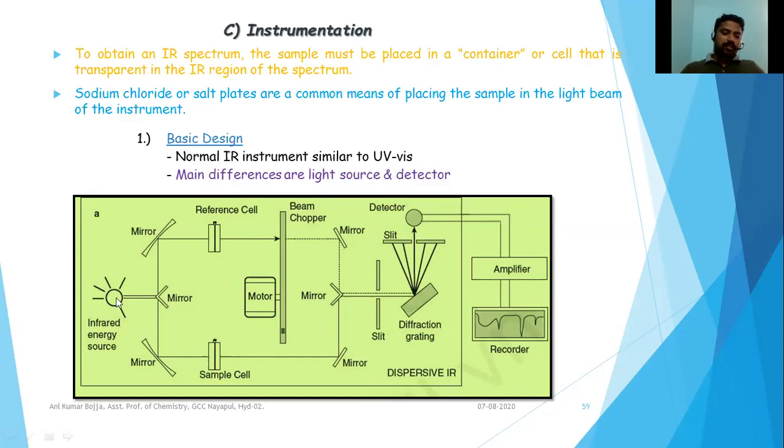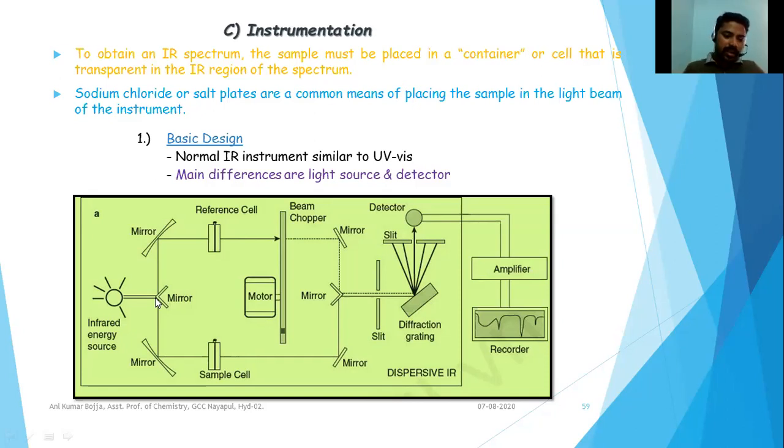So these are the mirrors. Whenever this light falls on the mirrors, it will reflect towards the reference cell in one beam. Here the splitter mirror is there. Whenever the light released from the source hits the mirror, it can split the beam into two streams.